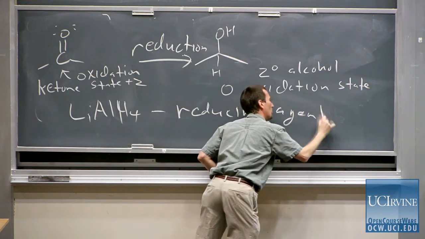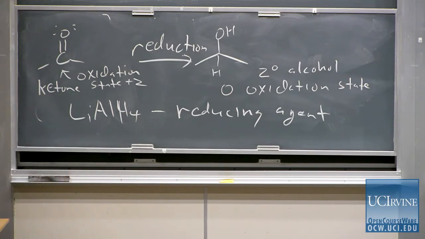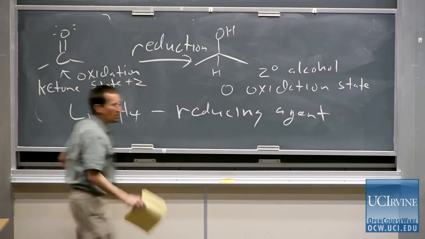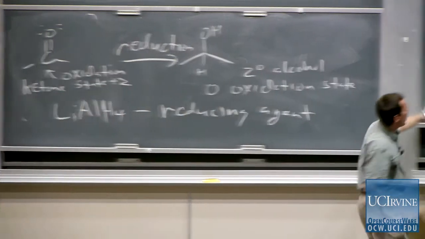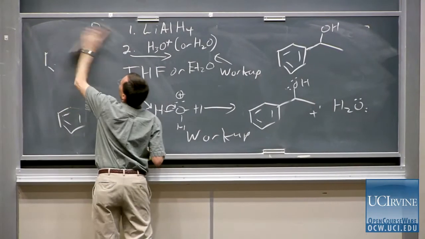It's the chemical or the reagent that carries out the reduction reaction. And there are many different reducing agents. I drew another one. I drew sodium borohydride, and let's talk about that, and I'll give you an example.